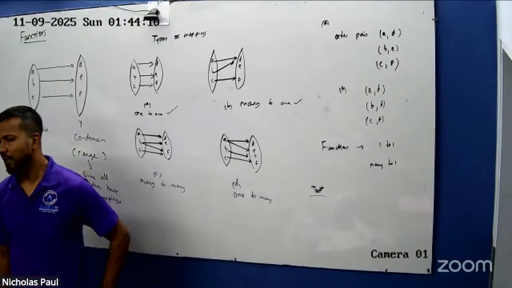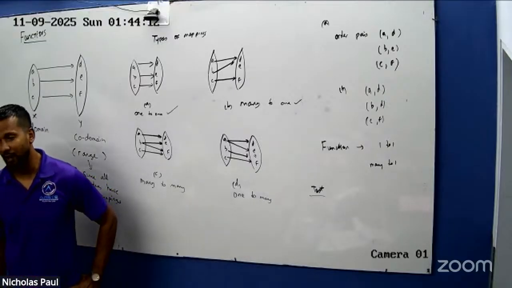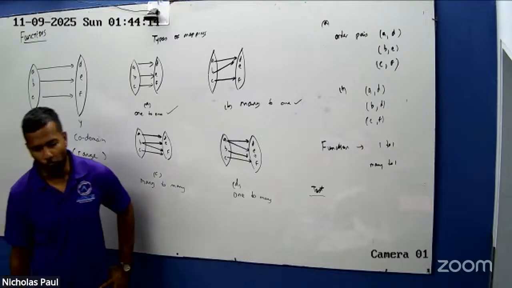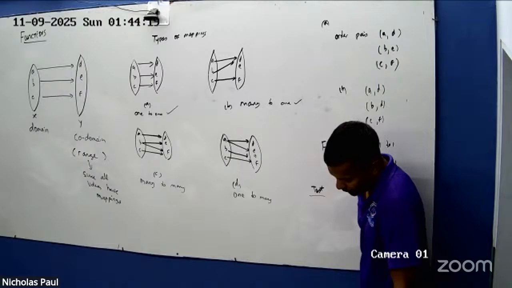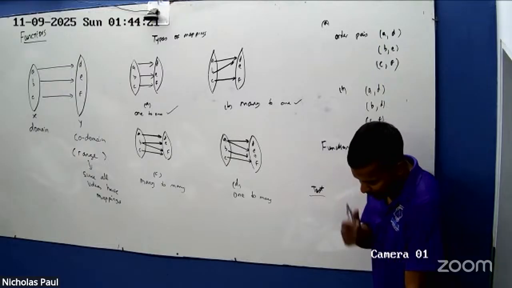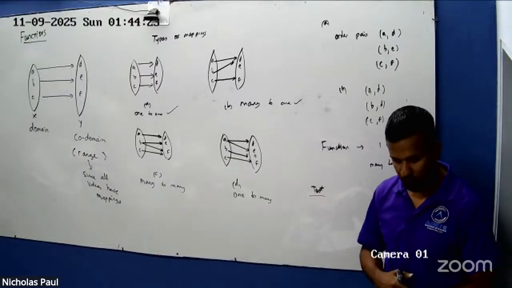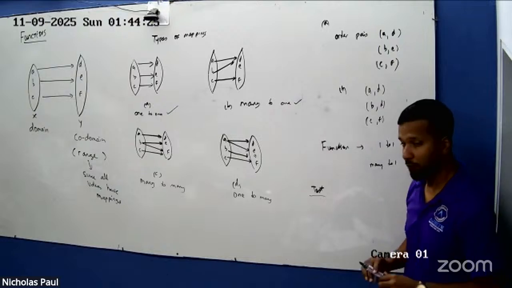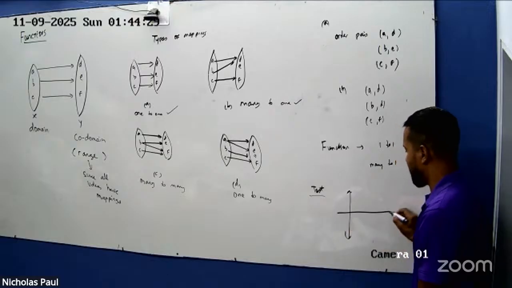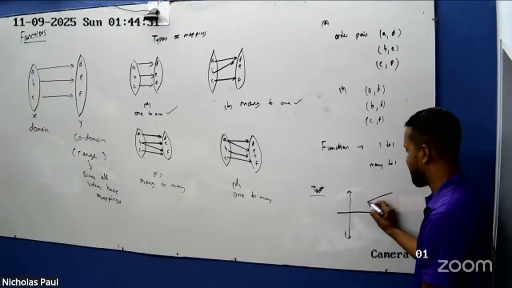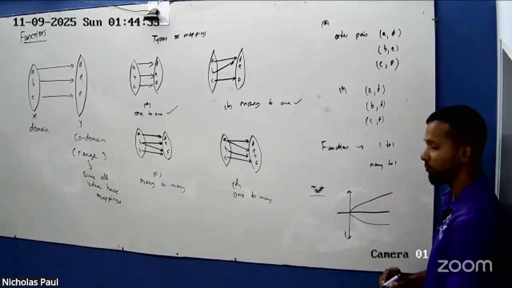The vertical line must cut the graph at 1 point only. That's okay? So if I give you a graph like this, and I said, Dante, is this a function?